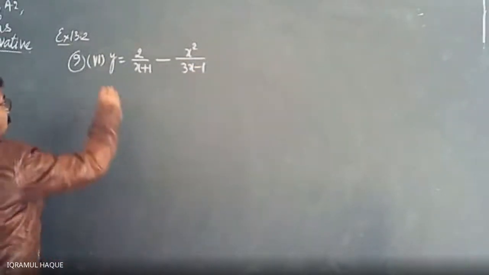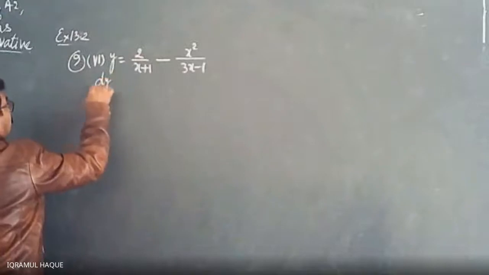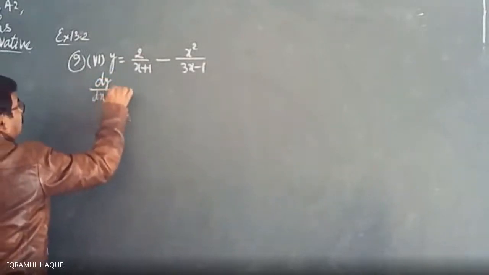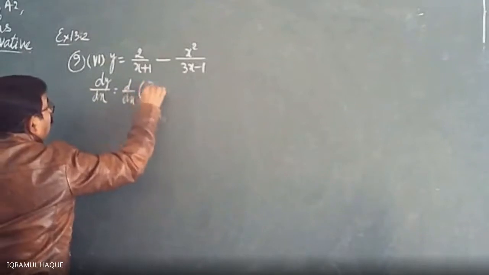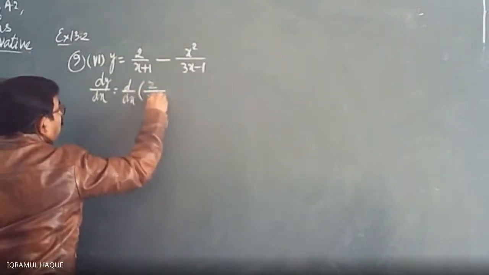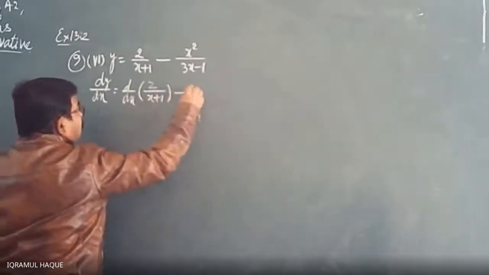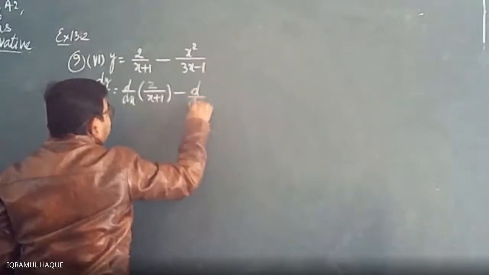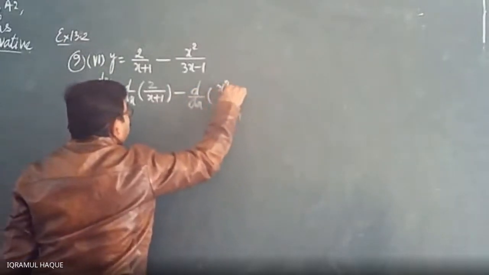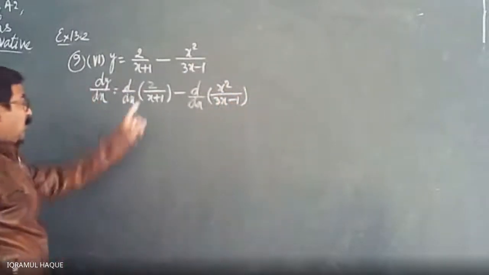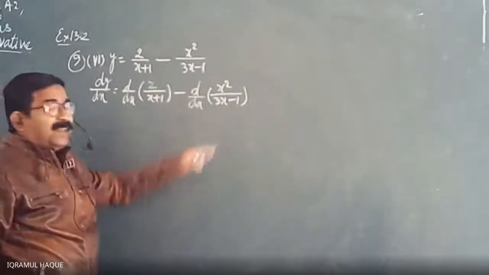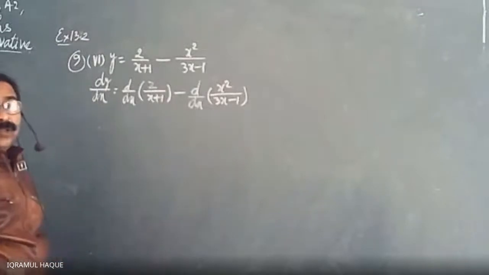So we find dy upon dx is equal to d of dx of 2 upon x plus 1 minus d of dx of x square upon 3x minus 1. In both the cases, we can use the quotient rule.